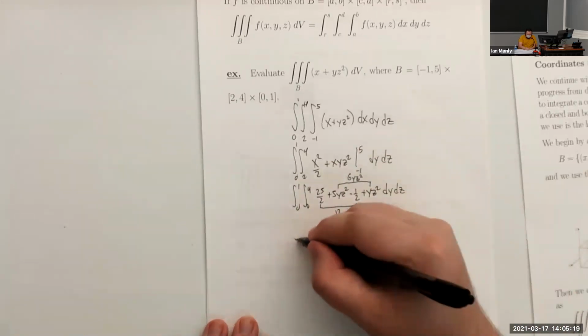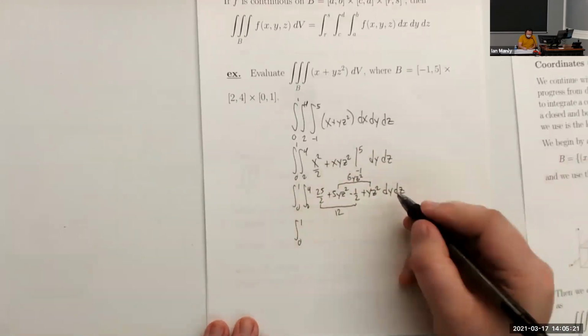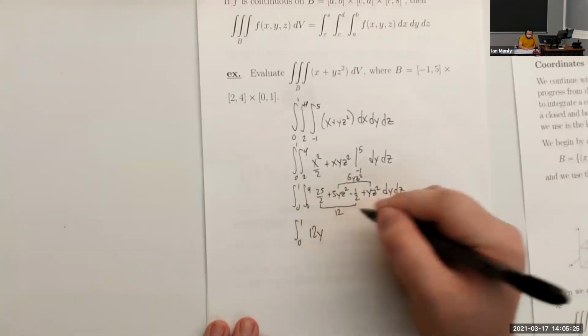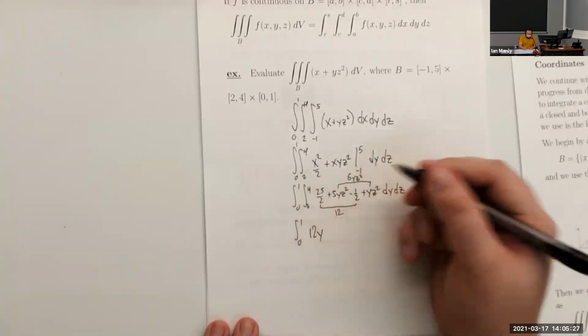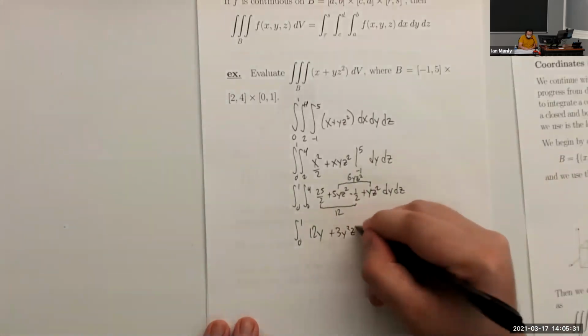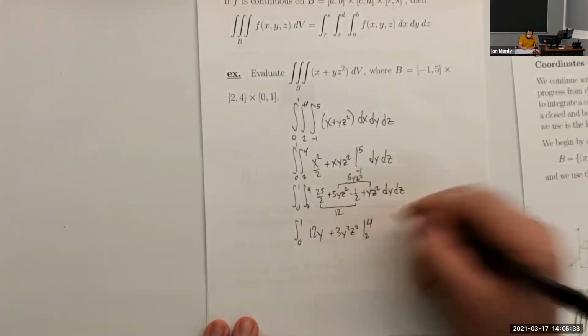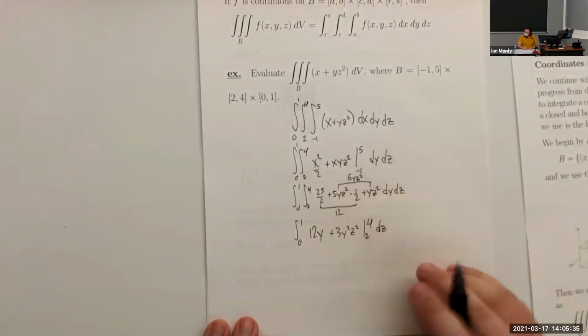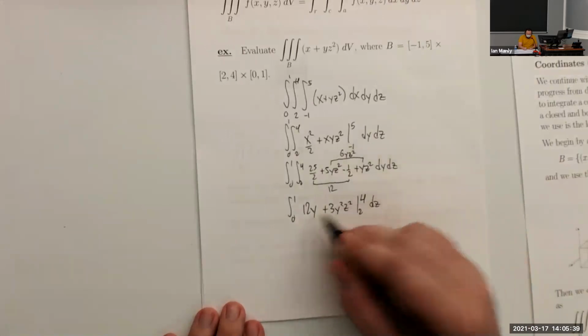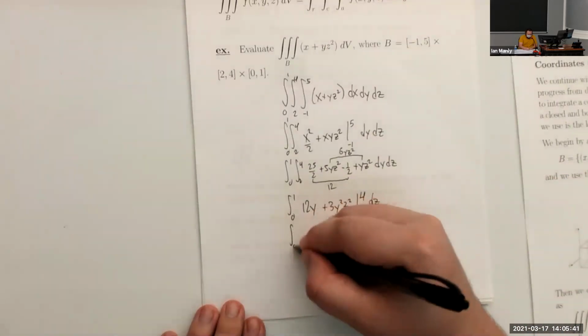All right, let's go ahead and integrate here. So we're going to integrate with respect to y. So 12's integral is 12y. The integral of 6yz squared will be 3y squared z squared. We do this from 2 to 4 right here. So I'm going to go ahead and plug in 4 for my y.